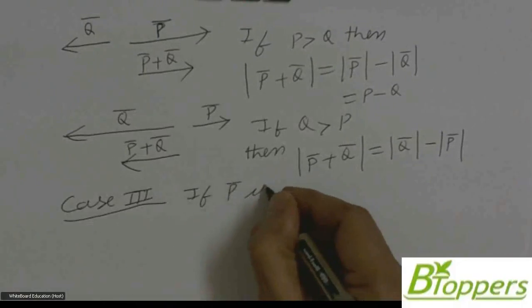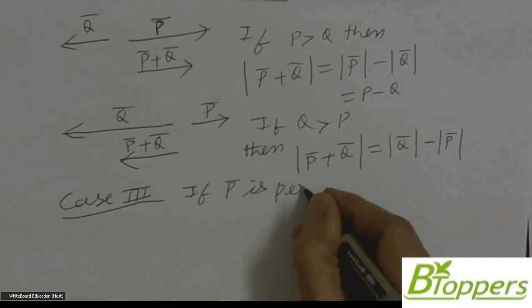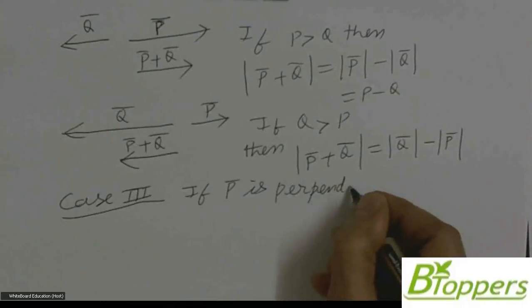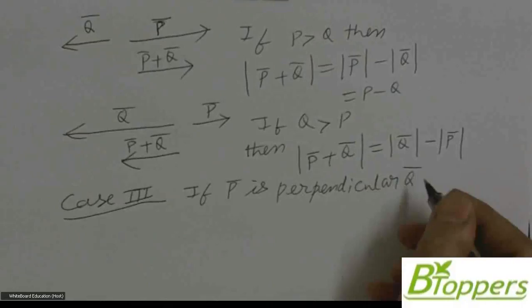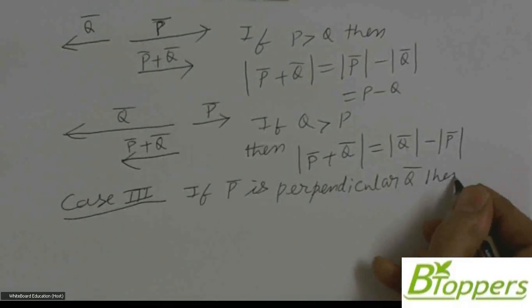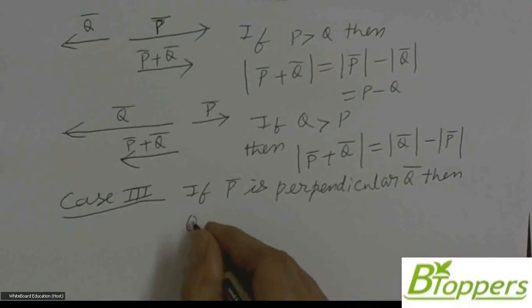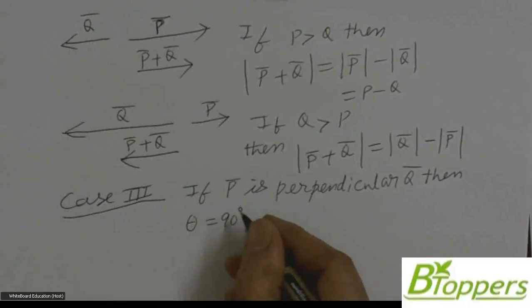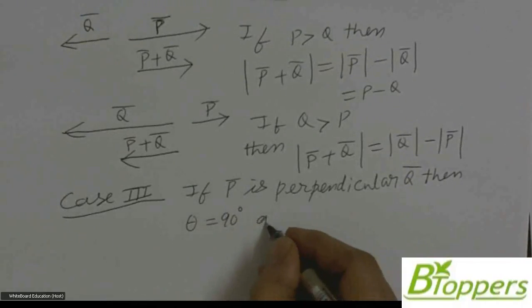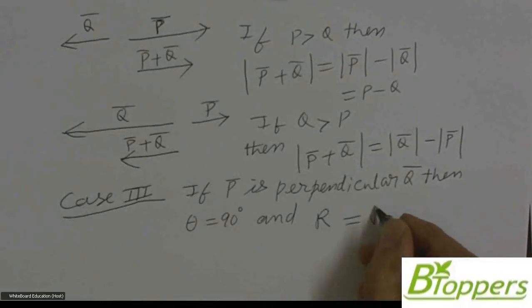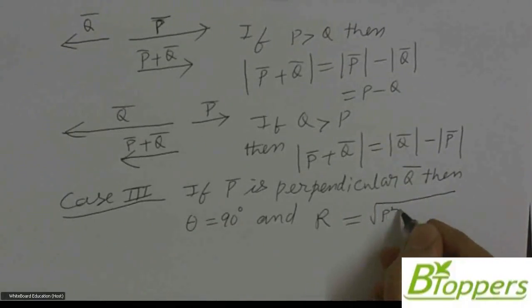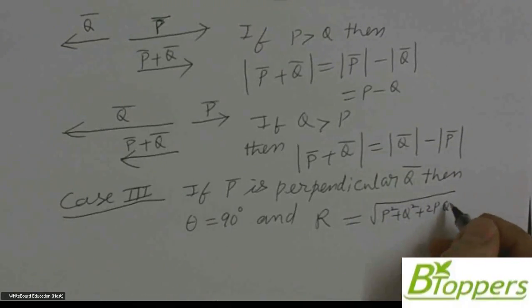So if p bar is perpendicular to q bar, then theta equals 90 degrees. And R will be equal to root of p square plus q square plus 2pq cos 90 degrees.